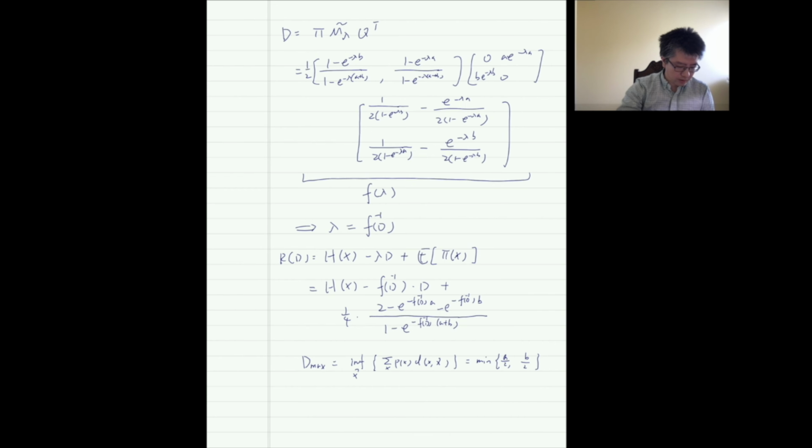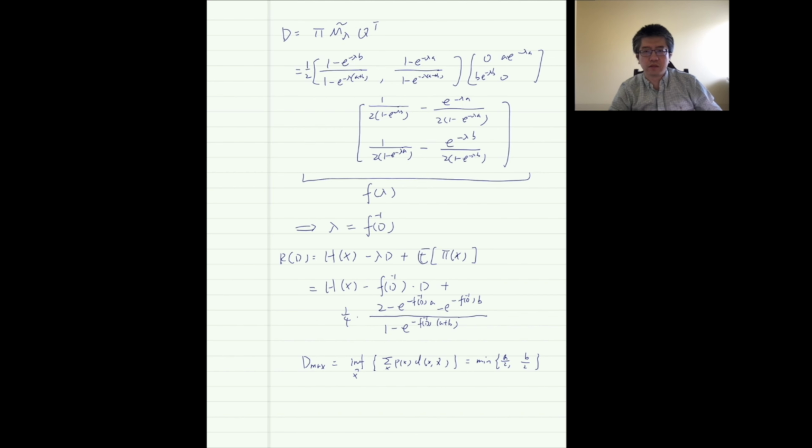Then this is basically the rate distortion function. The rate distortion function will equal to this guy when d is less than or equal to that, otherwise it will be equal to 0. Okay, and we're done for this question.